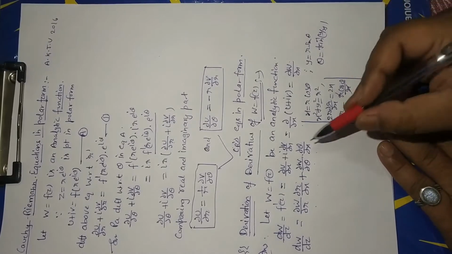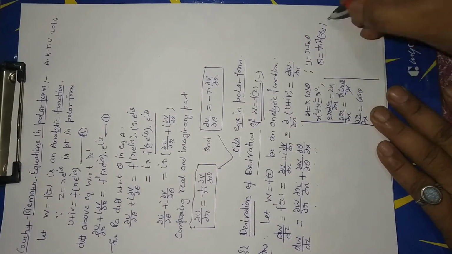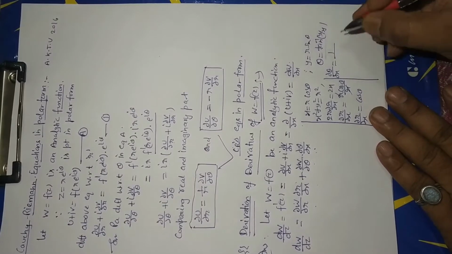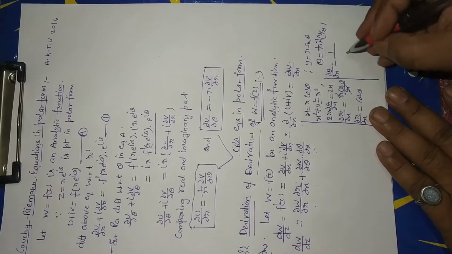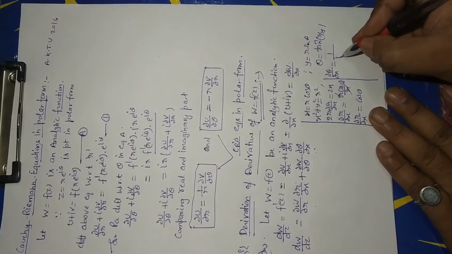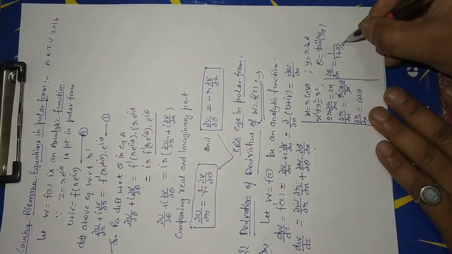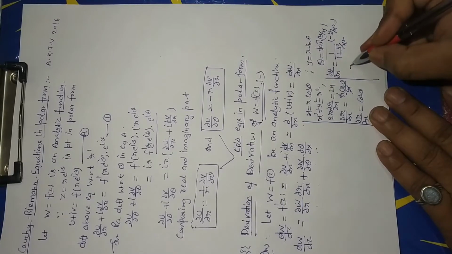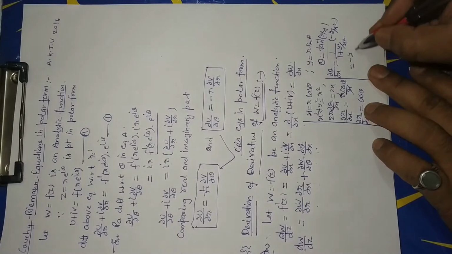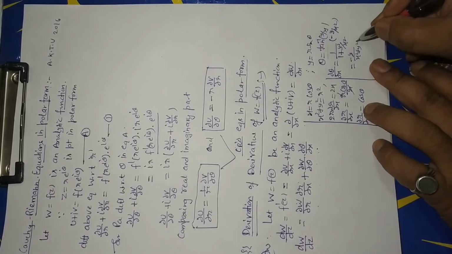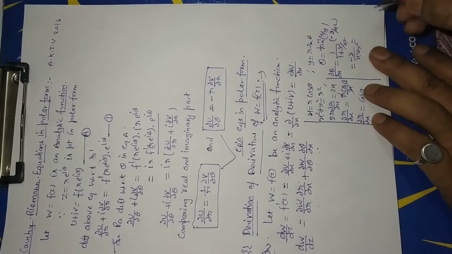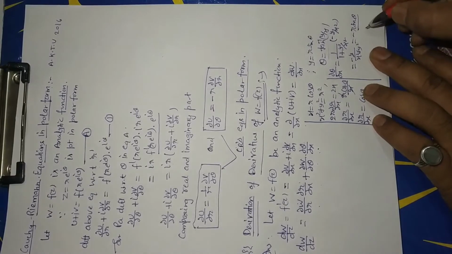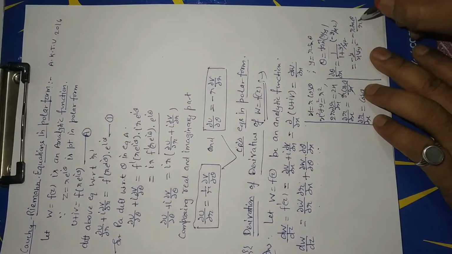Similarly, for del theta upon del x, partially differentiating with respect to x, the derivative of tan inverse y upon x equals 1 upon 1 plus y square upon x square, into minus y upon x square. Now we get minus y upon x square plus y square. The value of y is r sin theta, and x square plus y square equal to r square.